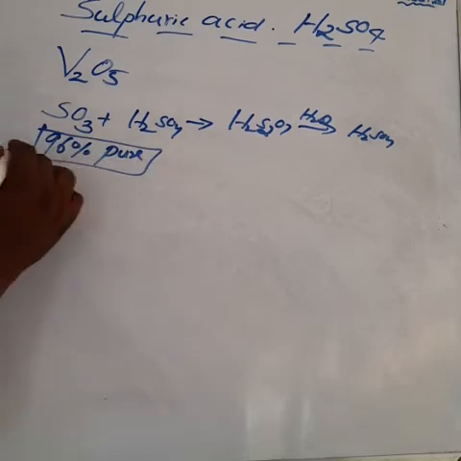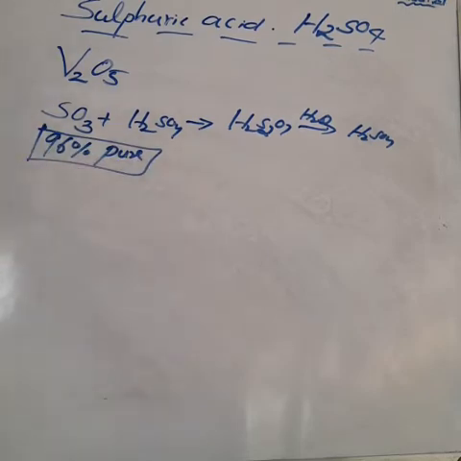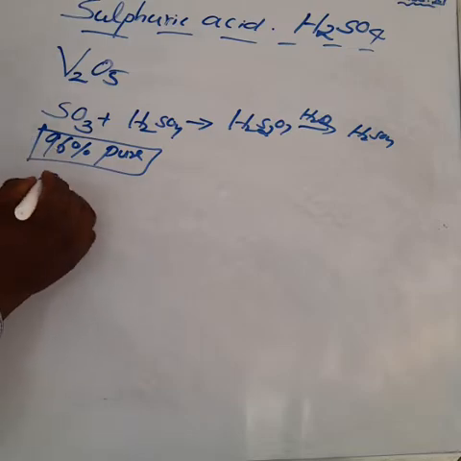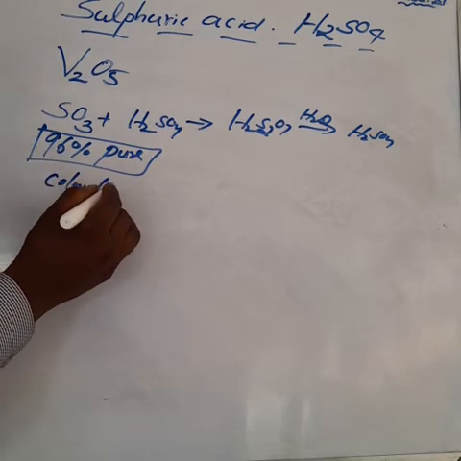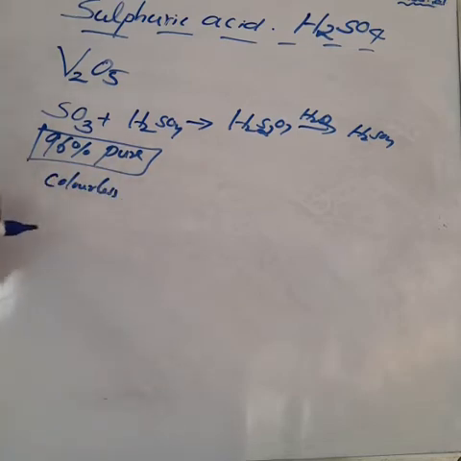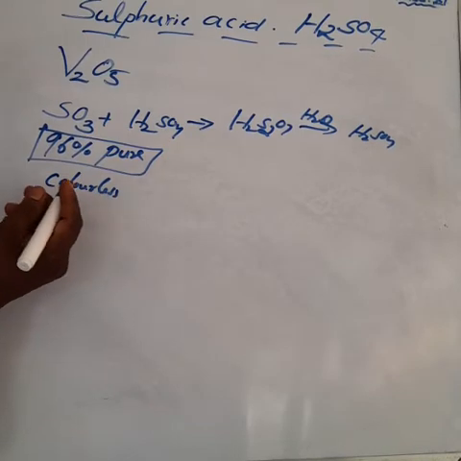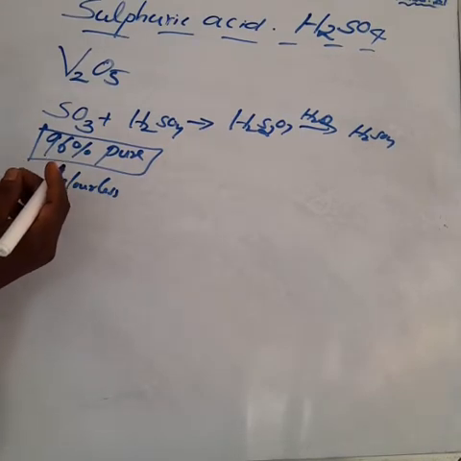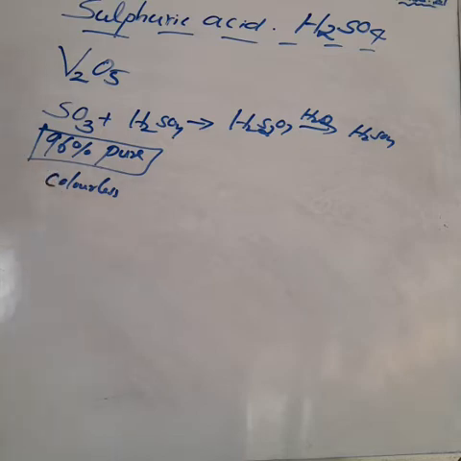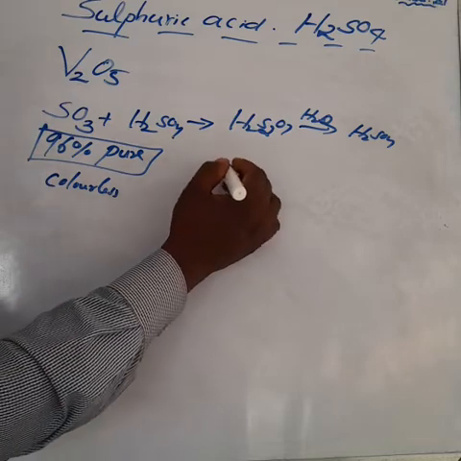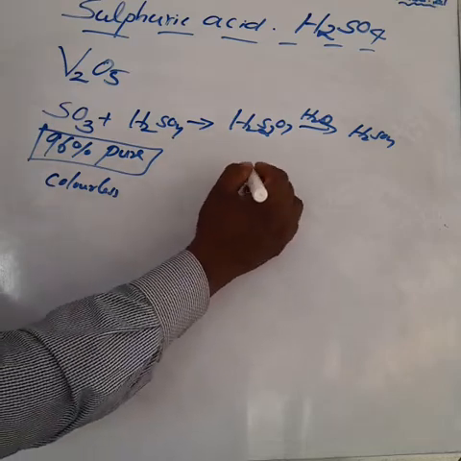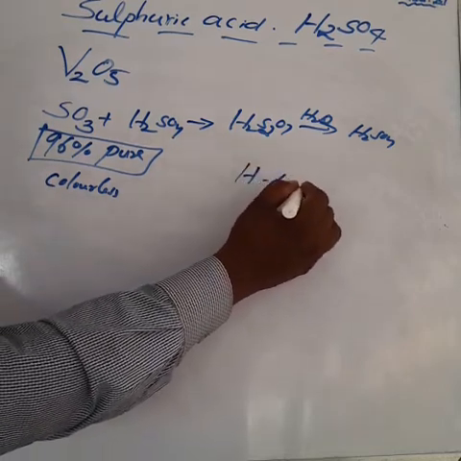Then what are the physical properties of sulfuric acid? Sulfuric acid is a colorless, viscous liquid with a high boiling point. The sulfuric acid molecule is associated through hydrogen bonding.